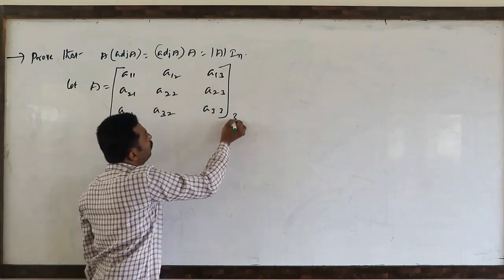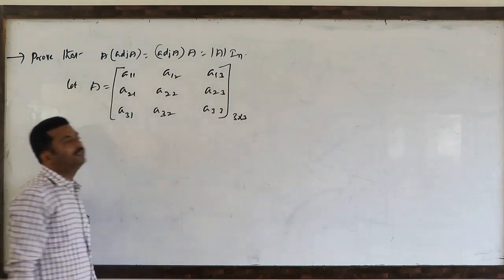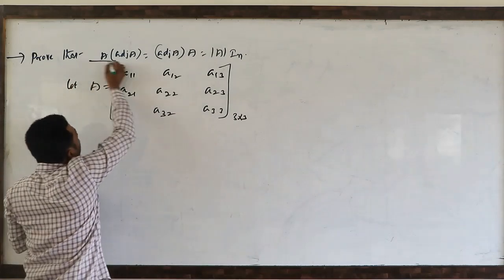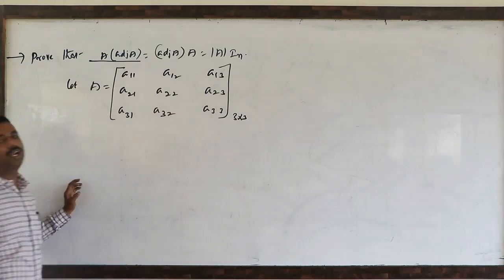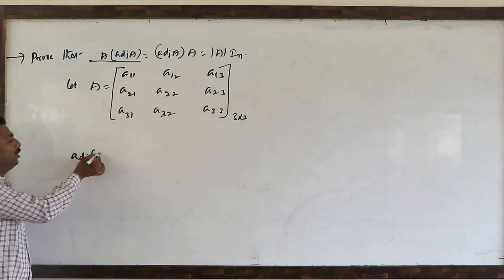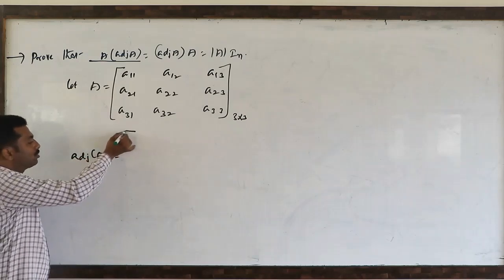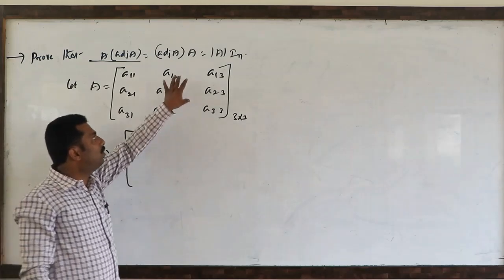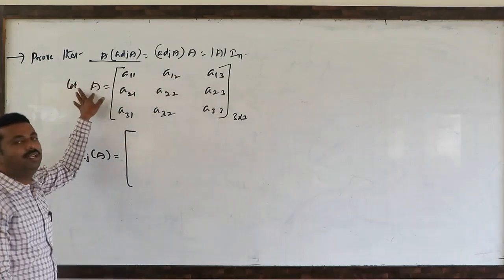So this is one square matrix of order 3 by 3. What we have to prove is that A into adjoint of A, so first we have to calculate the adjoint of A. What is the adjoint of A? The transpose of the cofactors of elements of capital A.